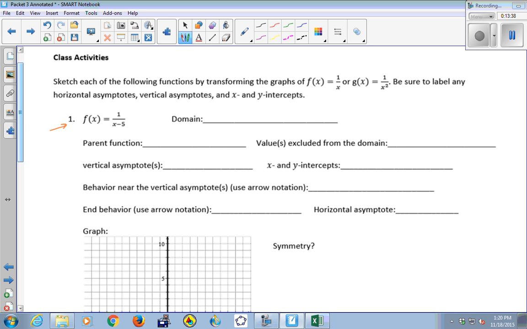What kind of transformation has taken place? I moved it 5 to the right, yeah. So I could just write myself a little note. This is 1 over x shifted 5 to the right.